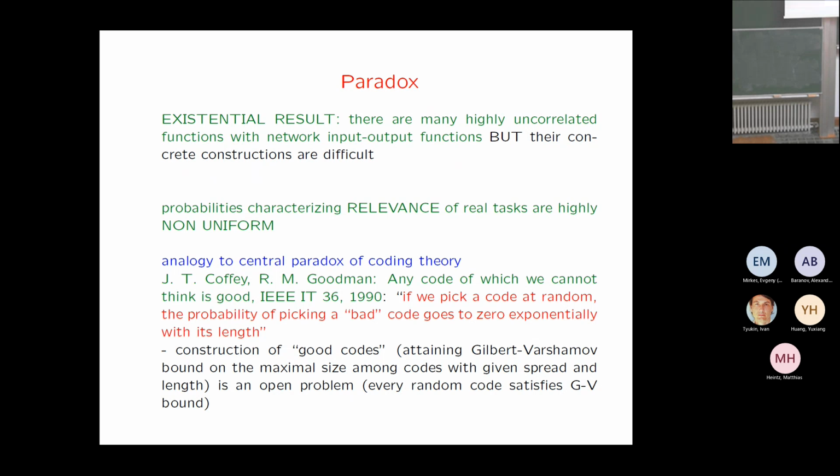So it's quite interesting that if we consider this uniform probability, which is related to some questions of the universal approximation property, there should be a huge number of functions that are highly uncorrelated, have large distances from many sets of input-output functions, those that don't grow exponentially with the size of the domain, as we have seen by this result by Bartlett.